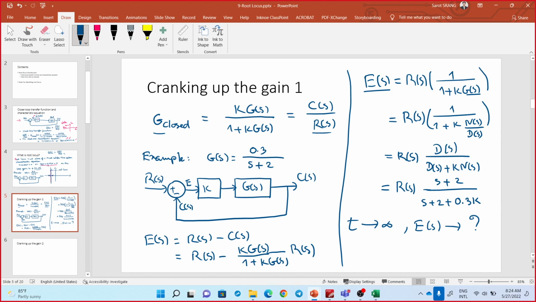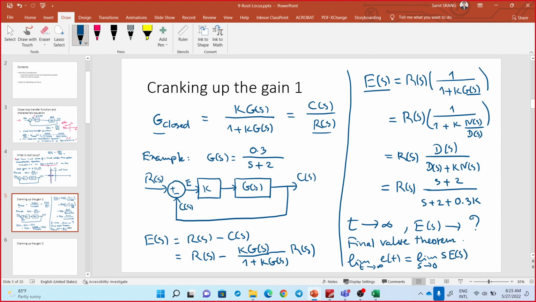So we can apply the final value theorem, which says the limit as t tends to infinity of error of t equals the limit as s tends to 0 of s times E of s.